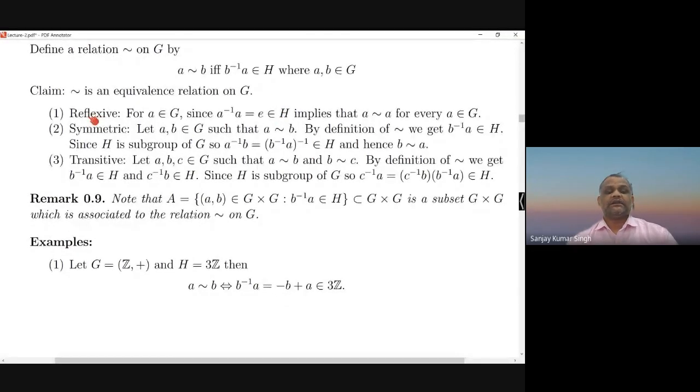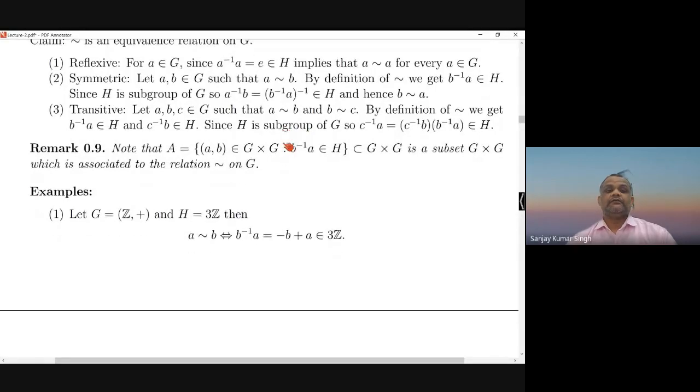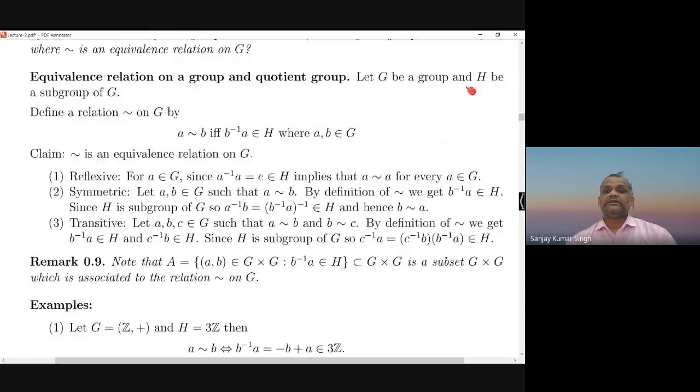You can check. Reflexivity is satisfied because whenever you take A belonging to G, then A inverse A is the identity and it is in H. Hence A is related to A for every A. Symmetric: if you take A and B in G such that A is related to B, it means B inverse A belongs to H. But H is a subgroup, so its inverse, A inverse B, is also in H. But A inverse B in H implies that B is related to A. Similarly, we can check transitivity, and hence we get an equivalence relation using a subgroup.